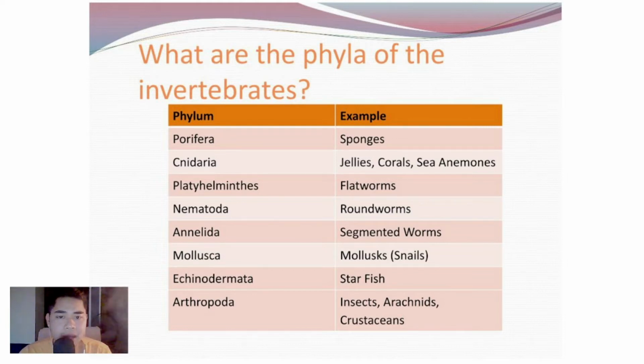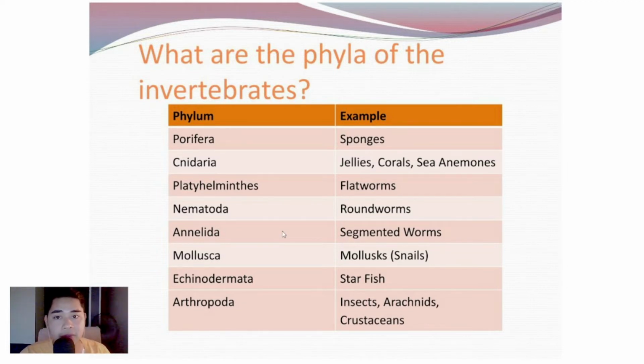The main purpose of this is so that we will be grouped into specific groups, so it would be easier to identify those groups with similar characteristics, for example, jellyfish. They all belong in the same phylum, which is Cnidaria.